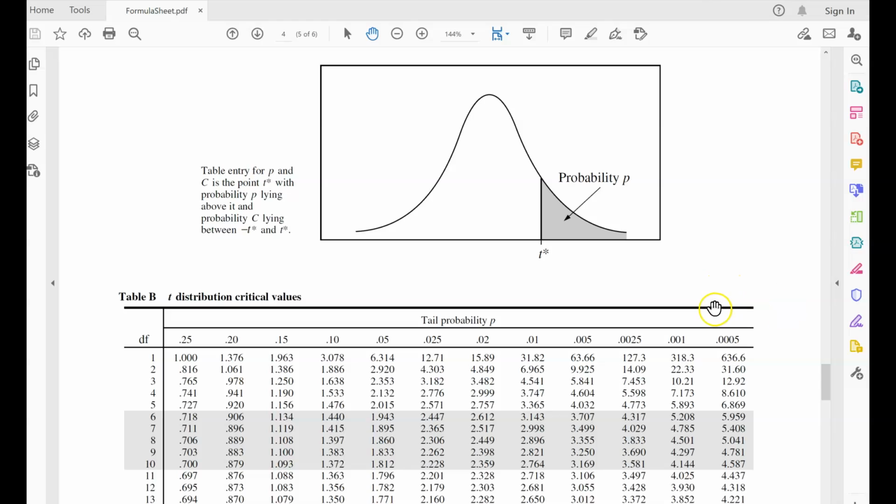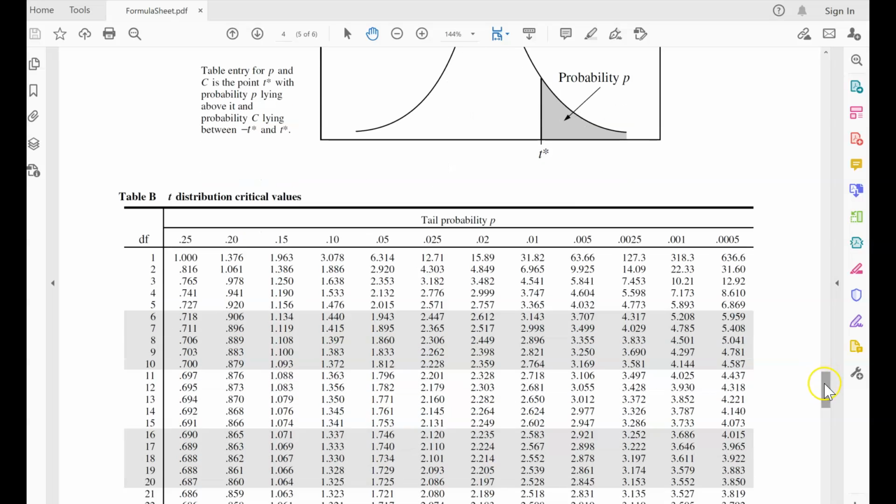So let's think about something like 90% or 95% confidence that we're pretty familiar with. The area in a tail for 95% will be 0.025. So look what happens with this t distribution. It gives us larger standard deviations. See how these numbers keep getting smaller and smaller as our sample size goes up. These degrees of freedom are your sample size minus 1.